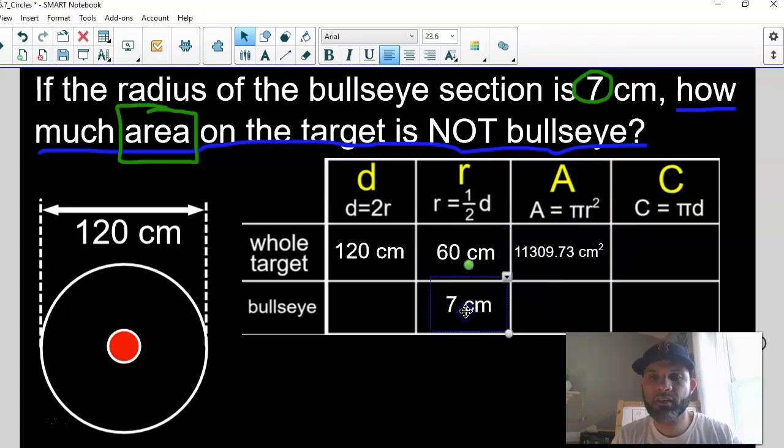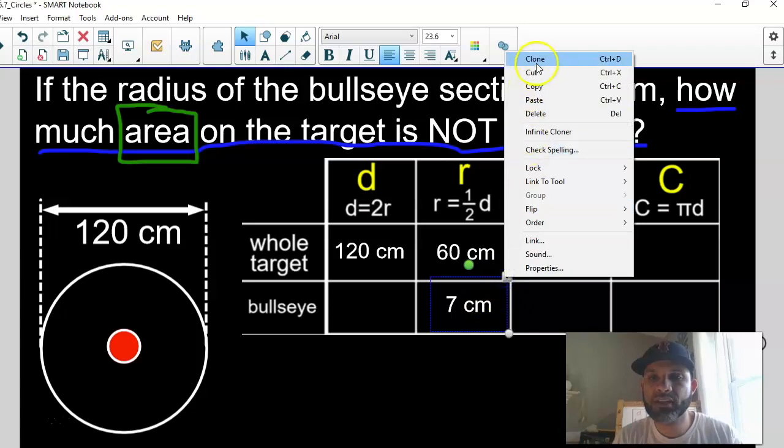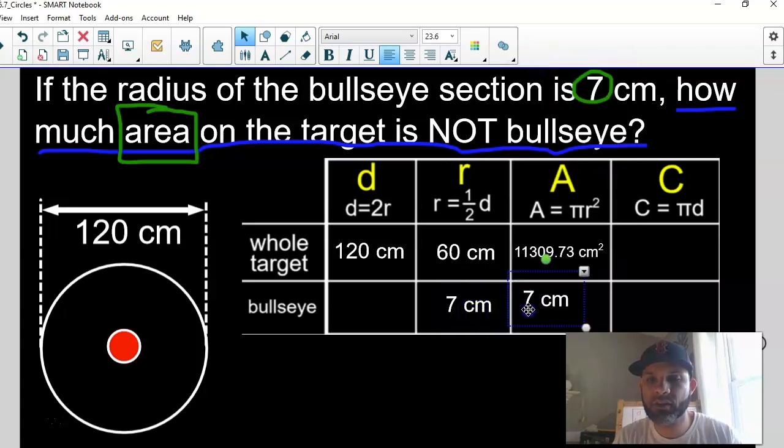So here we're going to do pi times 7 squared, the radius squared. So I'm going to go ahead and come back here, right? I'm going to get my 7 here.